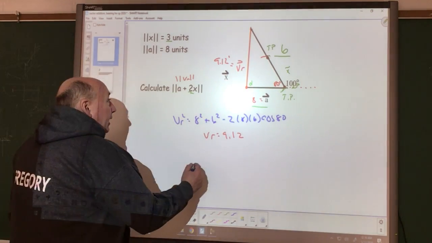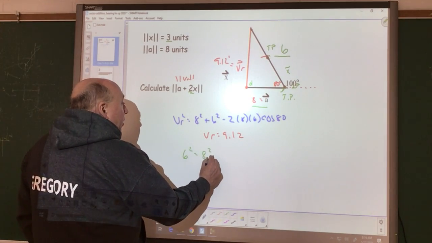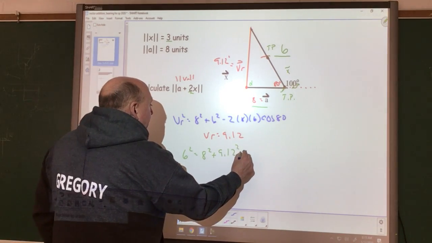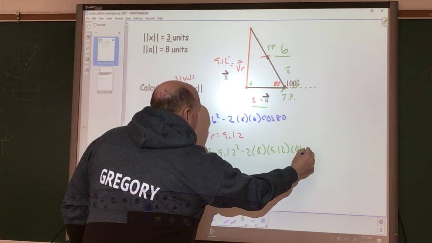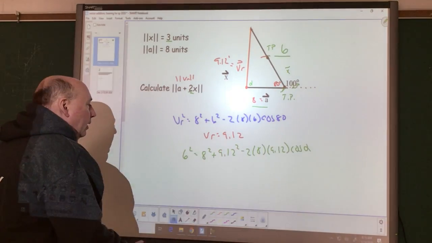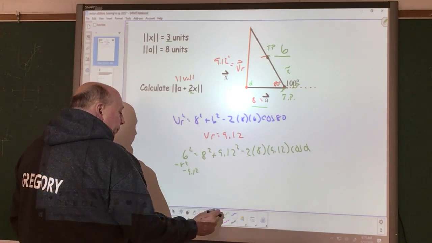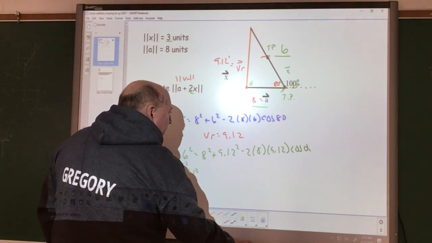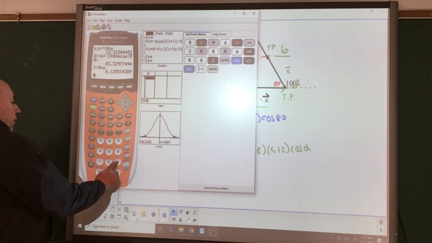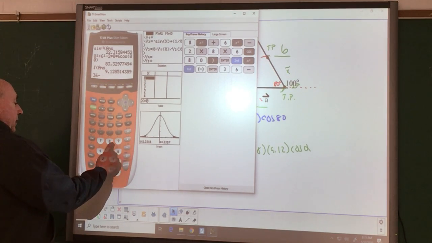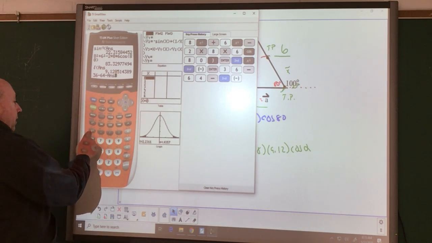But if I needed to, I could write my law of cosines equation. 6 squared is equal to 8 squared plus 9.12 squared minus 2 times 8 times 9.12 cosine of this angle alpha. I can subtract my 8 squared and my 9.12 squared. Find my value here. So I have 36 minus 64 minus my answer squared.